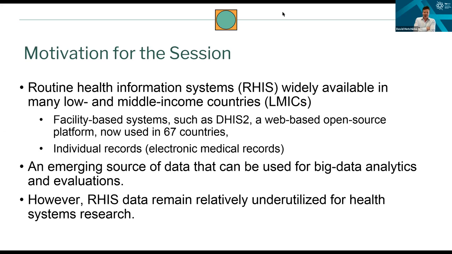But despite the increased availability of these data systems, they remain relatively underutilized for health systems research and evaluations. And there's a number of reasons for this, mostly due to concerns about the quality of the data. Sometimes they're viewed as being incomplete or having potential for measurement error, which can bias estimates of impact.